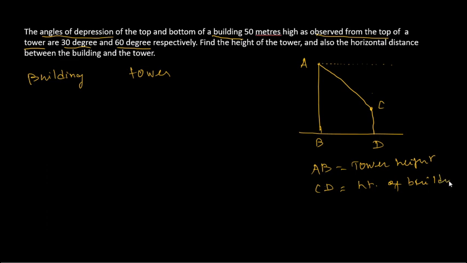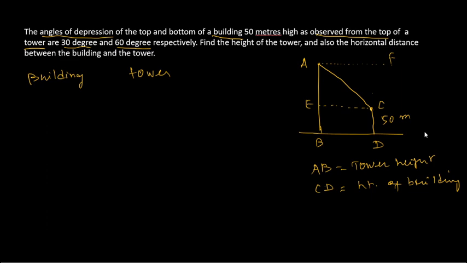That is how much? It is given. Building height is 50 meter. So you can draw a line like this, which is parallel to this one. And A, B, C, D, let it be E. And you can mention this as F also. So AF is parallel to EC, EC is parallel to BD. Similarly, AB is parallel to CD.